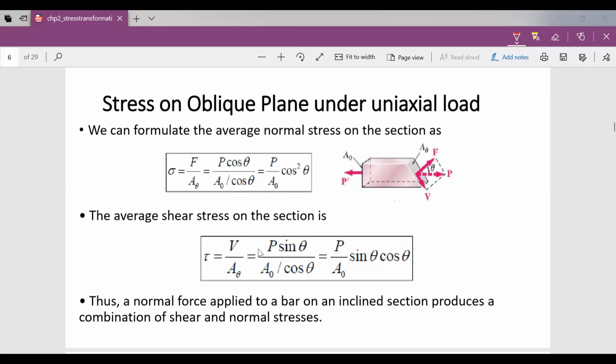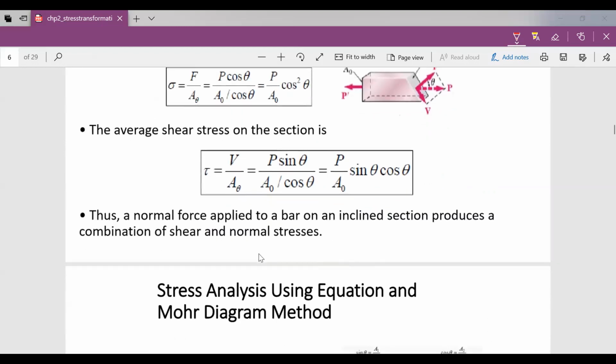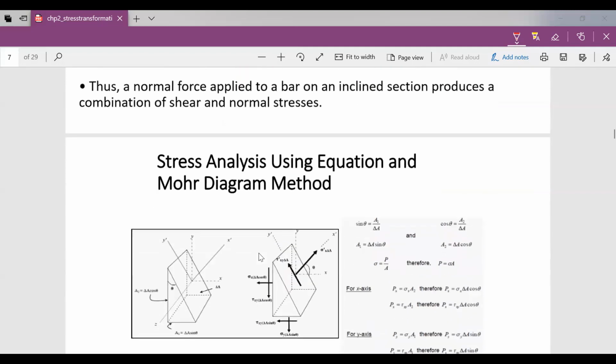The average shear stress on the section, tau, is V over A theta, which is P over A naught sin theta cos theta. Thus, the normal force applied to a bar's inclined section produces a combination of shear and normal stress.